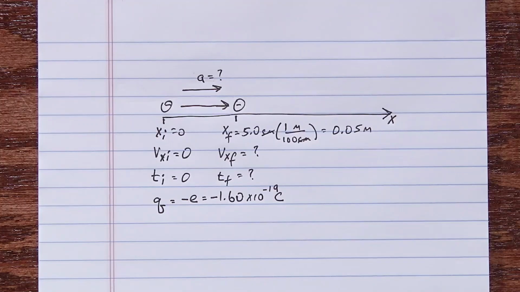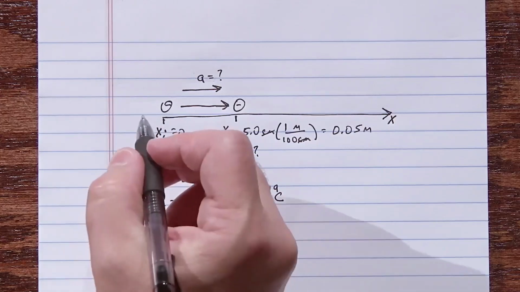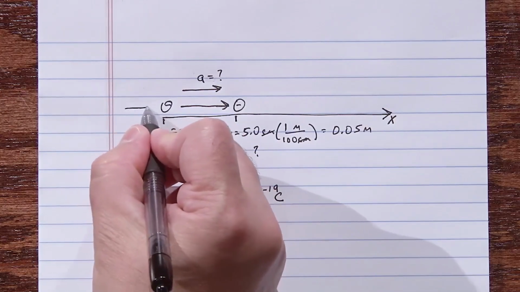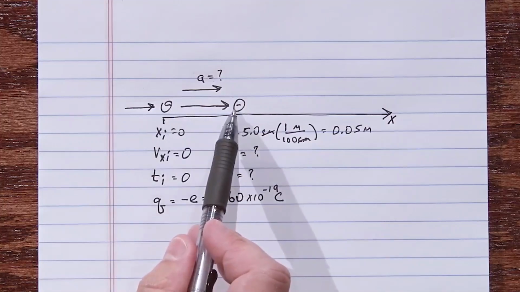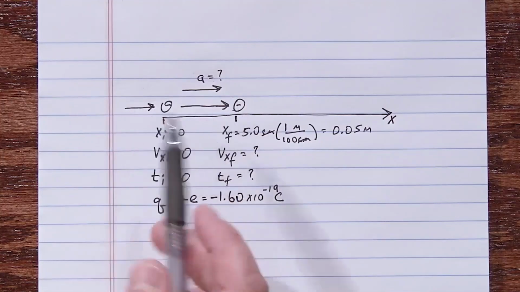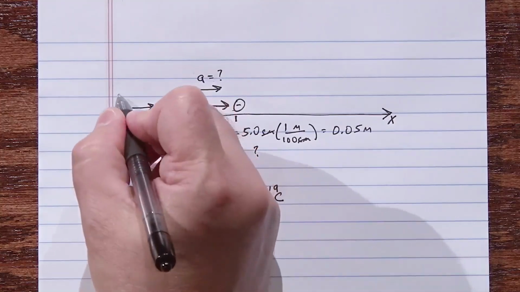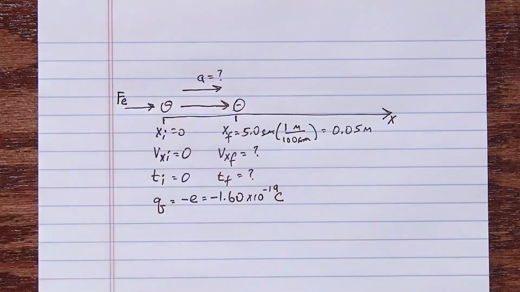We do know that there must be a force on the electron, an electrical force on the electron. And since the electron is accelerating in the positive x direction, the electrical force, Fe, also must be in the positive x direction.